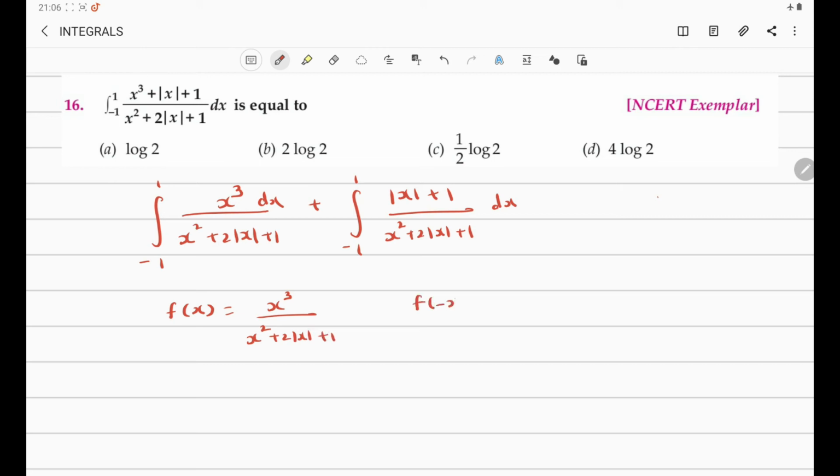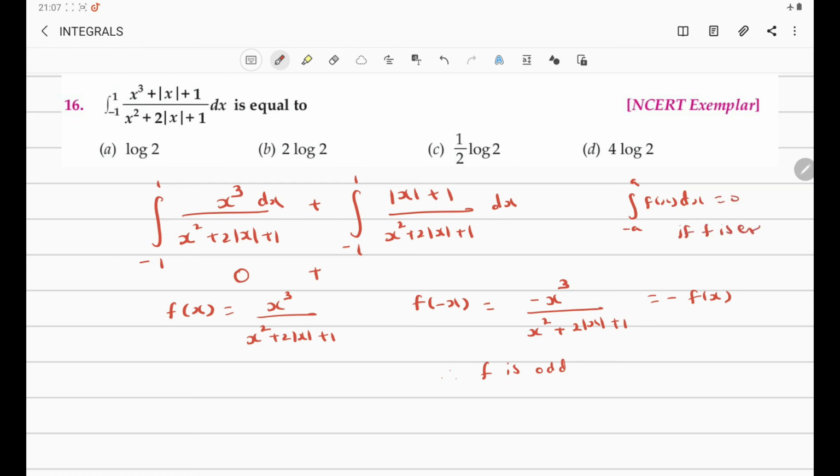Then f of minus x is minus x whole cube, that is minus x cube, by minus x whole square, which is x square, plus 2 modulus of minus x, which is 2 mod x, plus 1. This equals minus f of x, which means f is an odd function. So, this becomes 0, because the integral minus a to a f of x dx equals 0 if f is odd. So, we got this part to be 0.